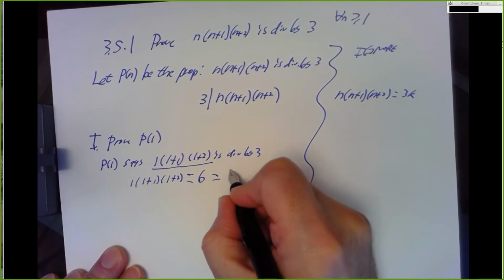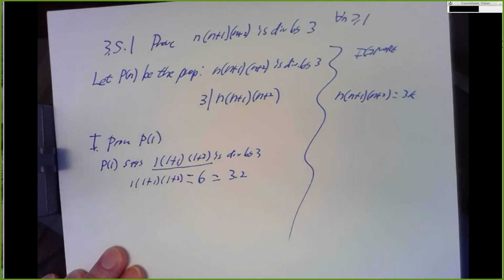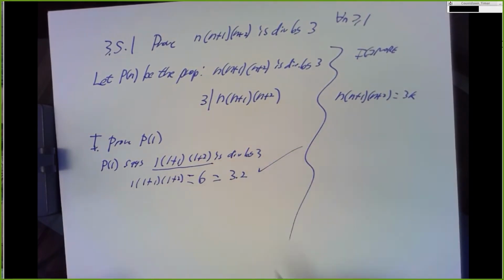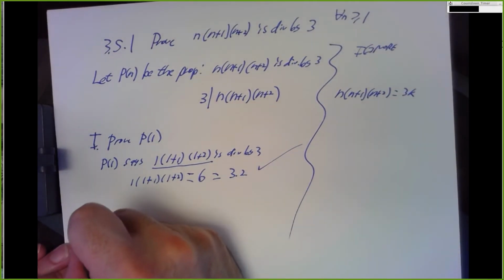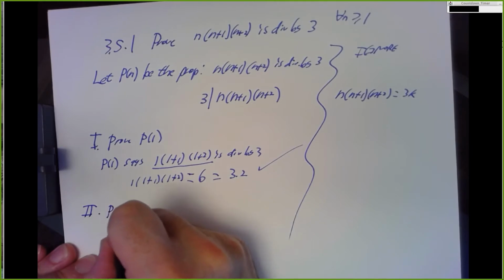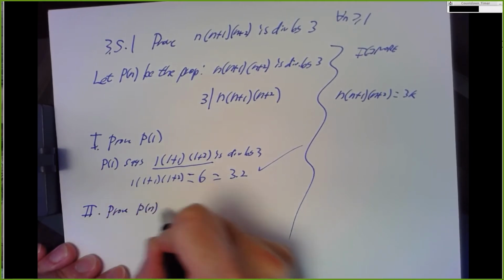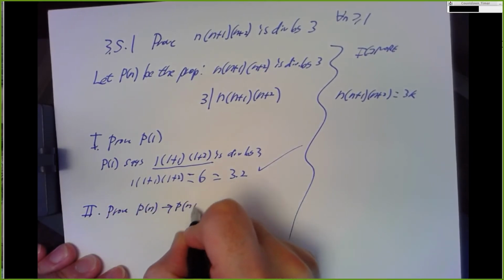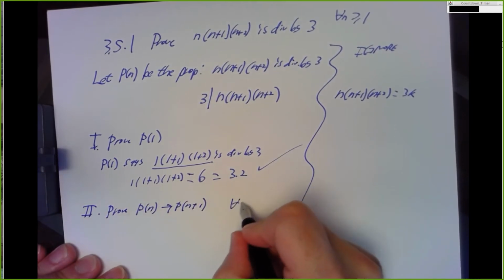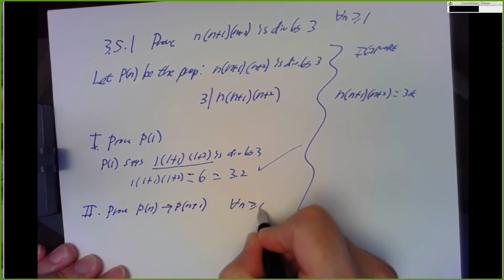And 6 is equal to 3 times 2. So P of 1 is definitely true. Okay, step 2. Prove that P of n gets us P of n plus 1 for any n bigger than or equal to 1.